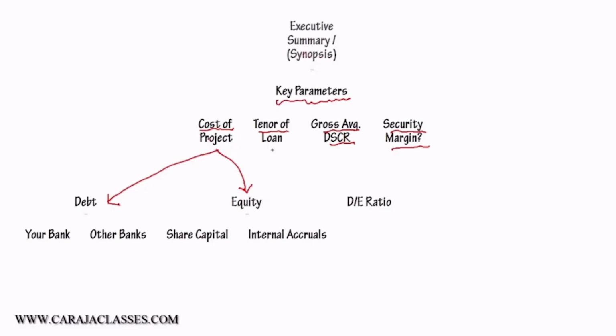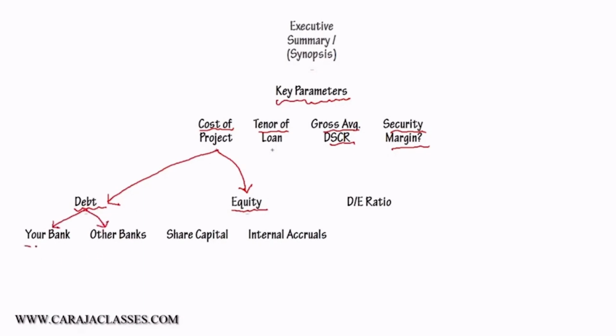Because we'll be talking about the cost of project in detail in the following stages, but in executive summary they are interested in knowing how much is going to come for this project from debt and how much from equity, and out of that debt how much they are proposing with your bank and how much they are proposing with other banks.